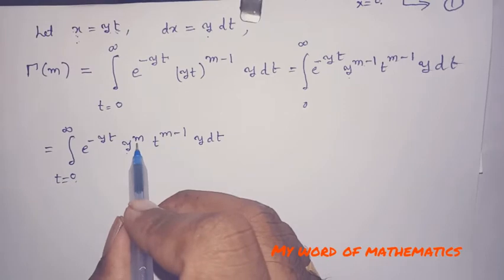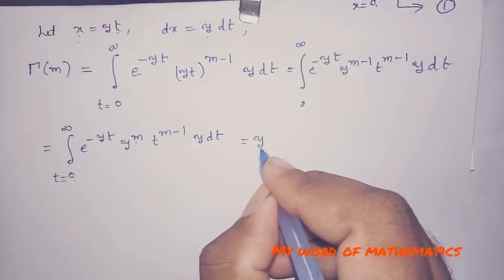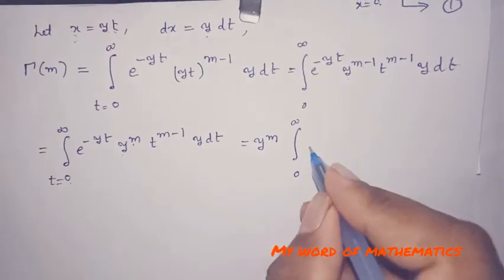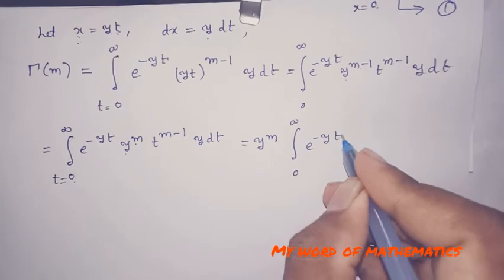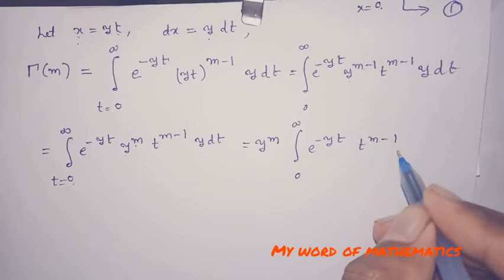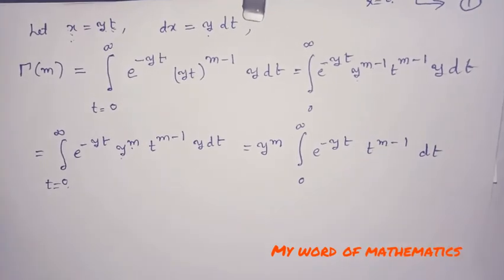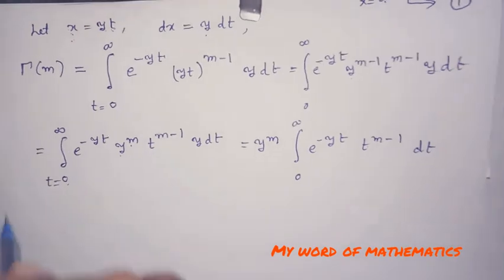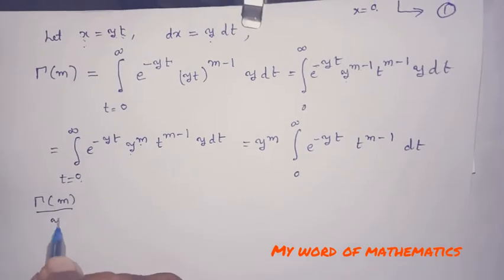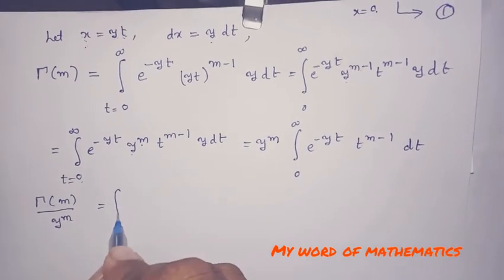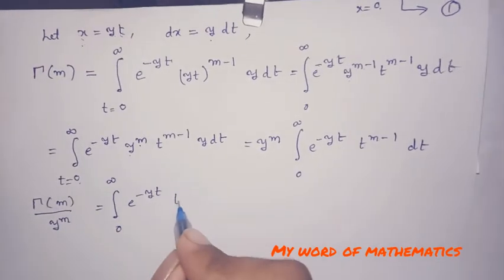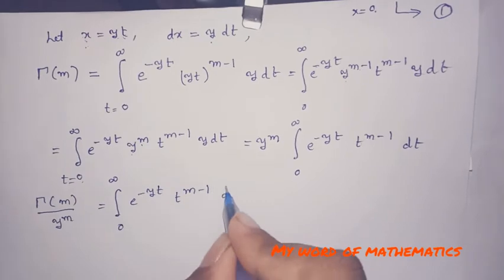That is, y power of m is a constant. Therefore, y power of m into the integral within limits 0 to infinity e power of minus yt, t power of m minus 1 dt. Therefore, gamma of m by y power of m is equal to the integral with limit 0 to infinity e power of minus yt, t power of m minus 1 dt.